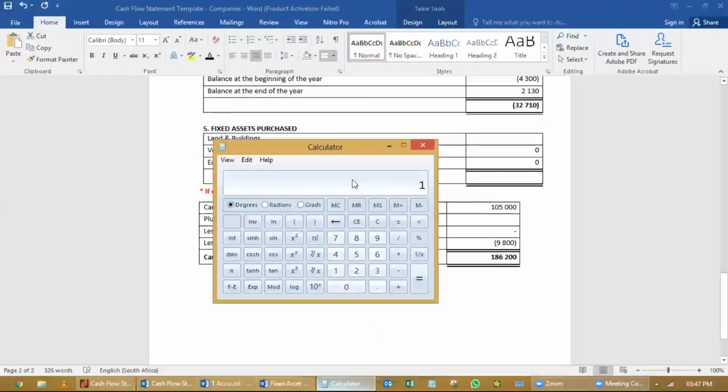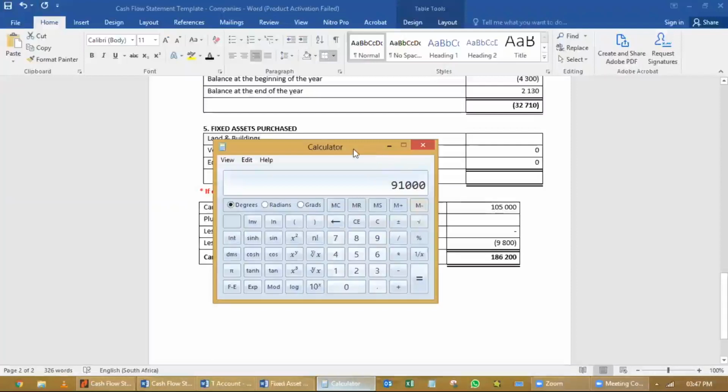You start from the bottom, so it's 186,200. When you work backwards, you plus where you normally minused and you minus where you normally added. So it's 186,200, you're going to plus the 9,800 and you're going to minus the 105,000.